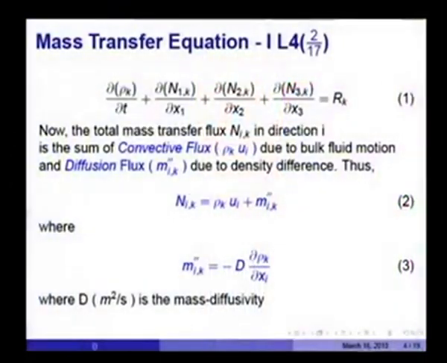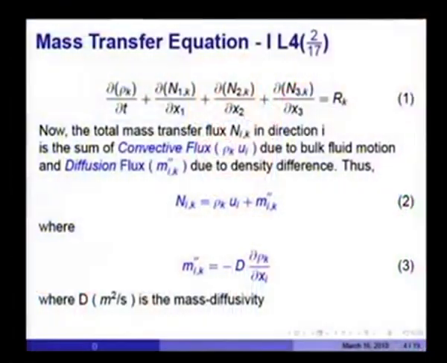The expression for mass flux by diffusion is given as m double prime i k equal to minus D d rho k by dx i. This equation is analogous to conduction heat transfer and is like Fourier's law of heat conduction. In mass transfer, it is called Fick's law of mass diffusion.